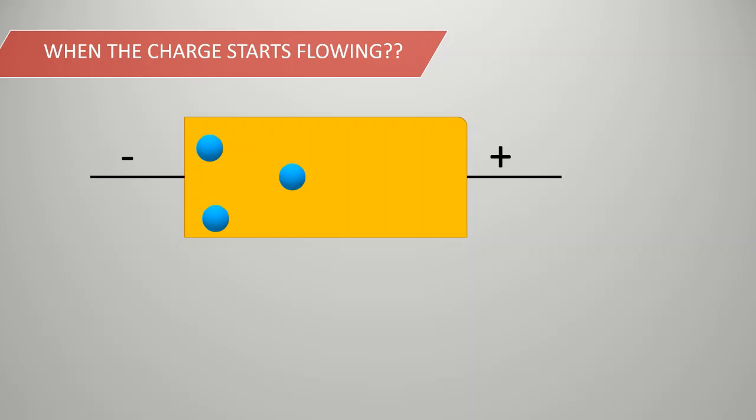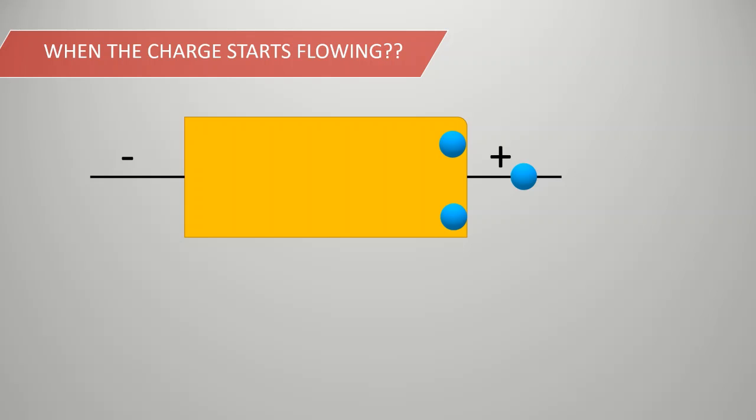As you can see here, this yellow piece of conductor is connected with the battery's positive and negative terminals. I have shown only three electrons, just to simplify the system and show how electrons move when a potential is applied. The electrons move from the minus terminal to the positive terminal. Why is it so?